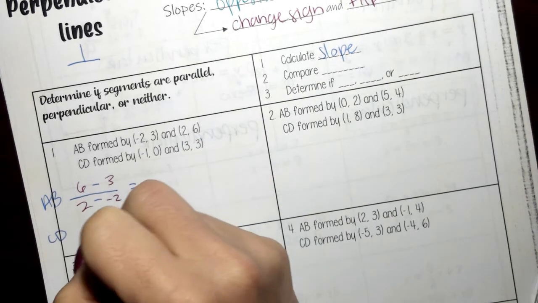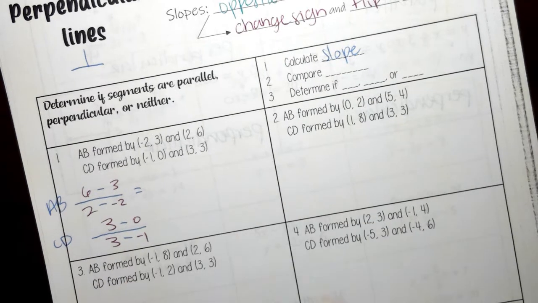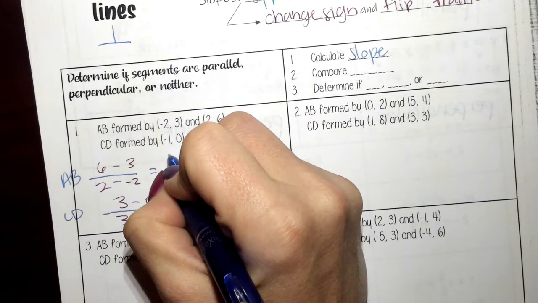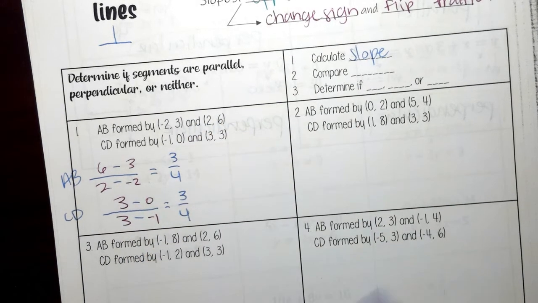CD slope will be 3 minus 0 over 3 minus negative 1. Put both of those into my calculator. So AB slope is 3 over 4. CD slope is 3 over 4.